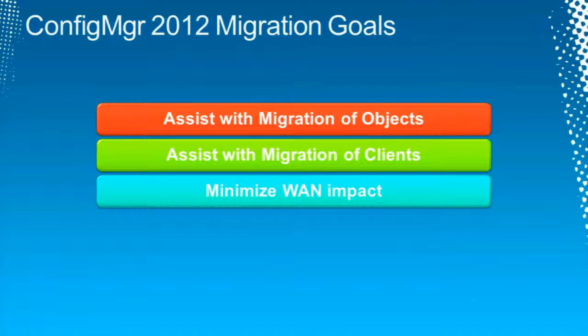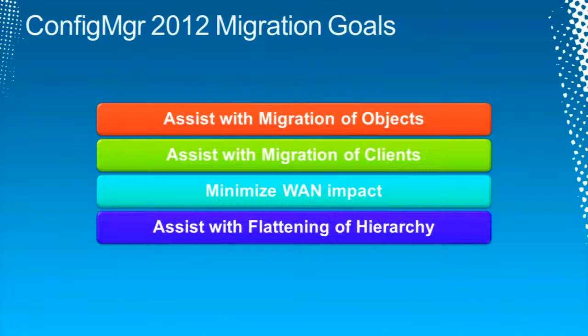So that you don't have to migrate over your content from old DP to new DP. And then when you're all done with the migration, you may be able to upgrade that DP from 2007 to 2012. And an upgrade of a DP leaves all the content there, so you don't have to redistribute it across the wire. And I'll talk about that in the slides as well.